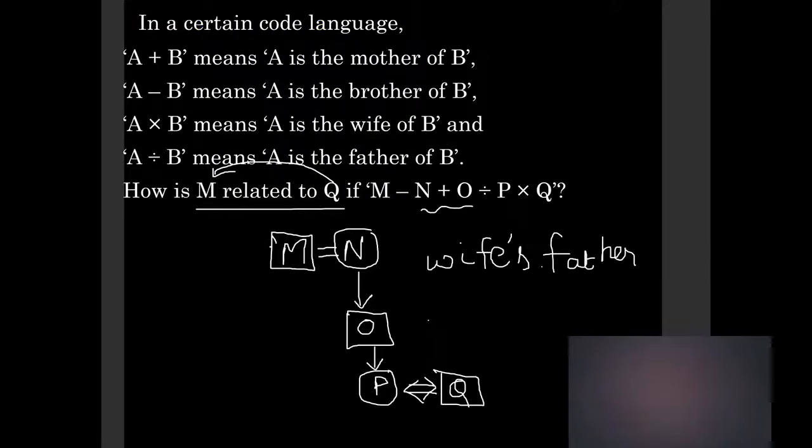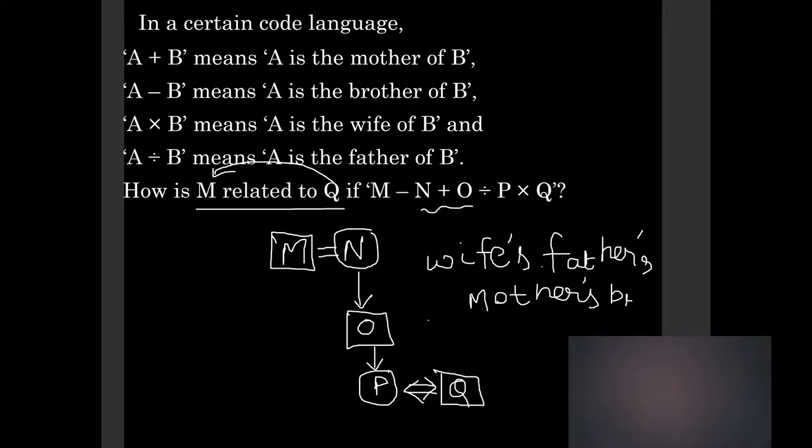Okay, next one. So O and N. The relation between O and N is that O is son of N, and N is mother. So wife's father's mother. Till N, this is the relation. But our question is related to M. From mother, it is linked to brother. N's brother is M. So wife's father's mother's brother.